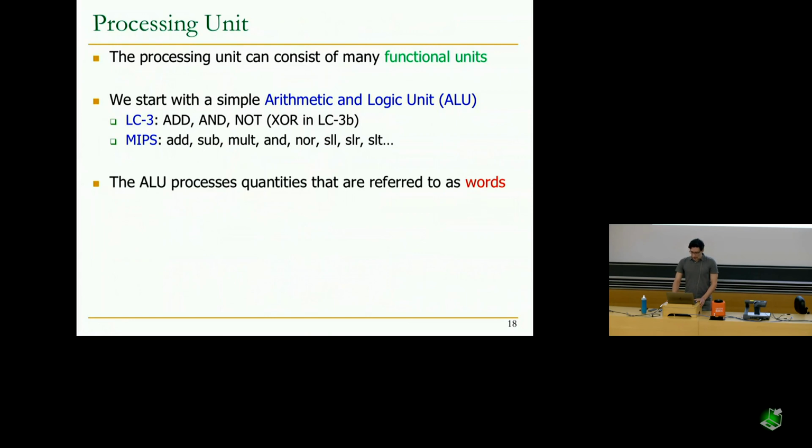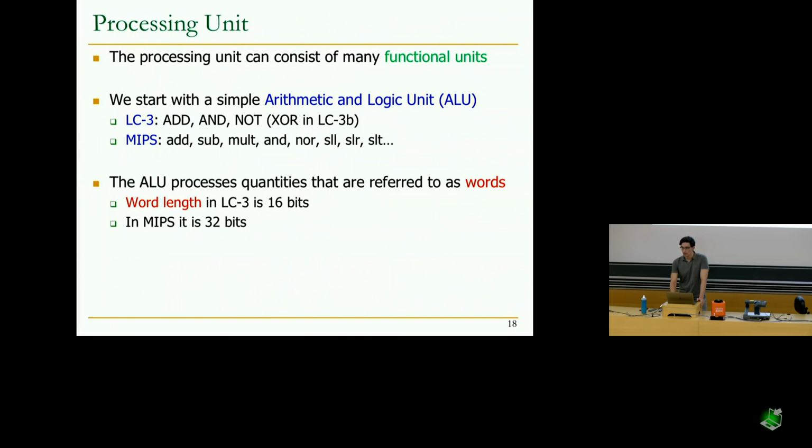So the ALU processes quantities that are referred to as words. You're already familiar with that term. And these words have a length. In LC3, this length is 16. In MIPS, this length is 32. Observe that there is something common in LC3 and in MIPS.